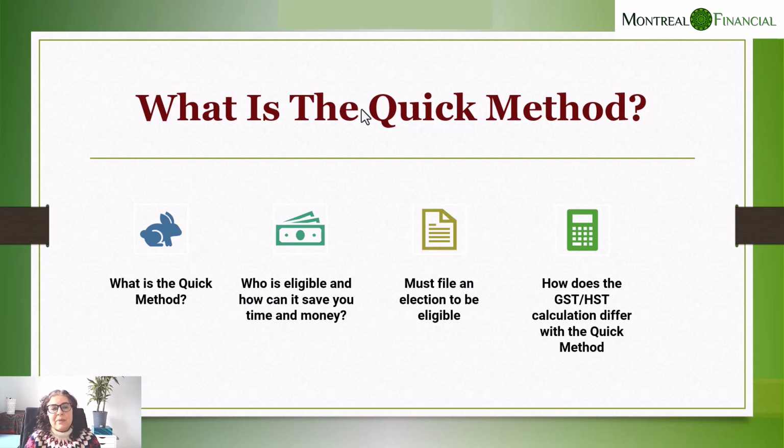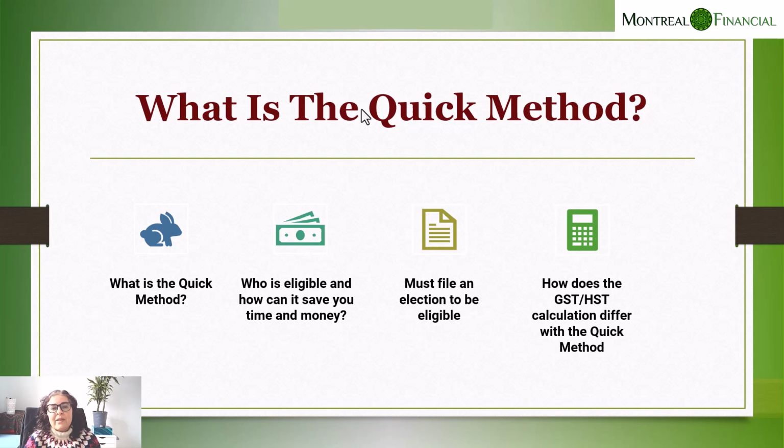So this is especially useful for service-based businesses or businesses with low expenses. And the example that I'm using is relevant to service-based businesses. If you sell products, their rates are actually a little bit different, but the principle again is the same.